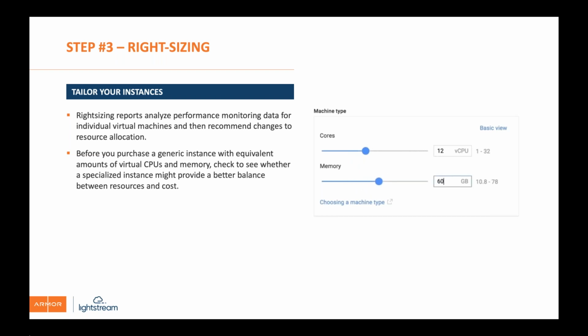How much memory do you need? How much CPU do you need? And more importantly, how much hardware or storage do you need? Because as Jeff alluded to, there's block storage versus object storage. What are really the true I/O needs of my application? And most teams really don't understand that, and that's okay.